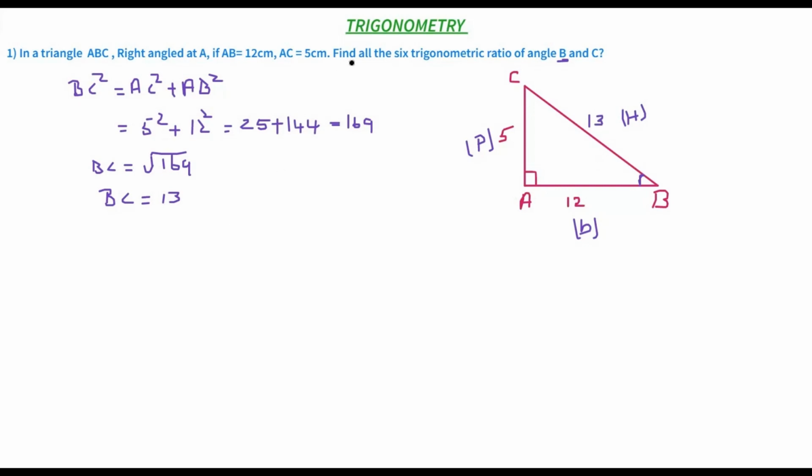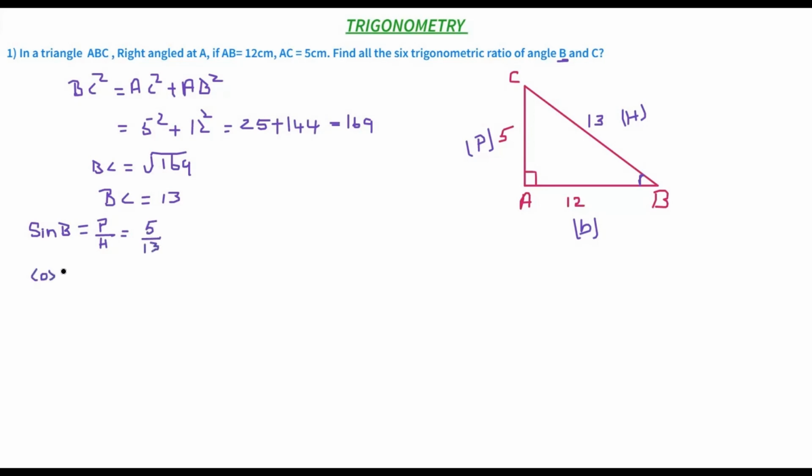Now let us find all the 6 trigonometrical ratios with reference to angle B. We know which is our perpendicular side, our base and our hypotenuse. Since it's with reference to angle B, we are going to find sine B. What is sine B? Perpendicular by hypotenuse. What is our perpendicular here? 5. So it is 5 by 13.